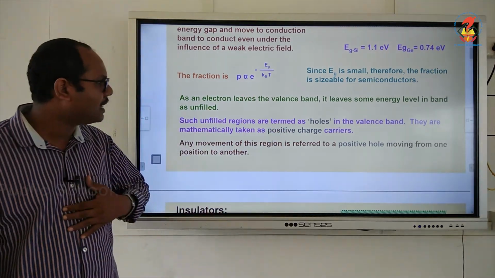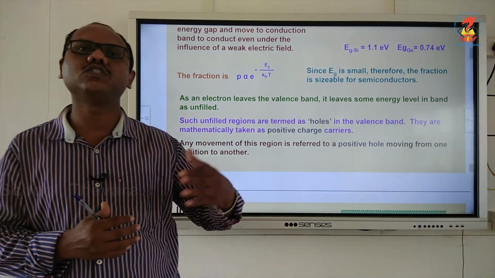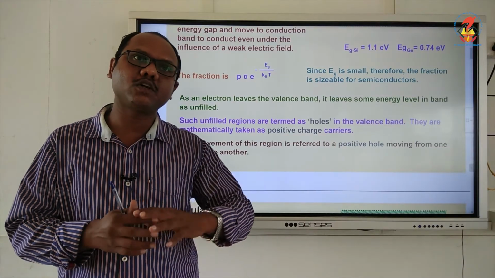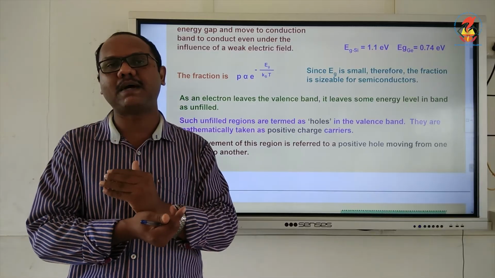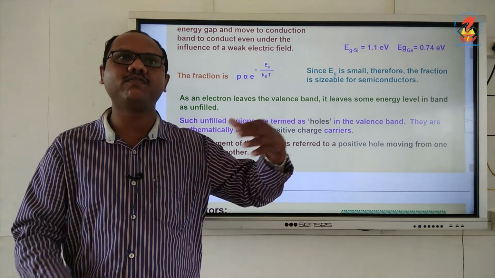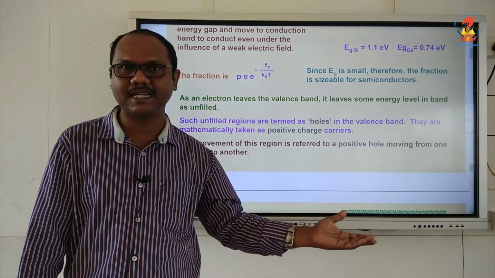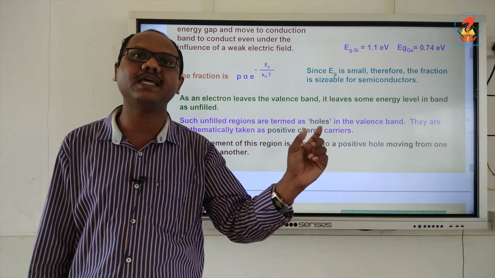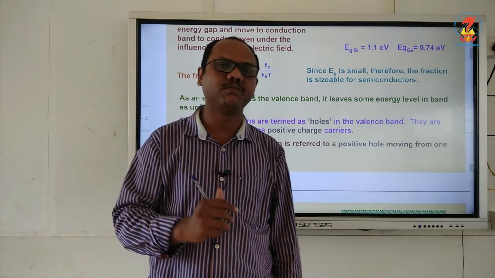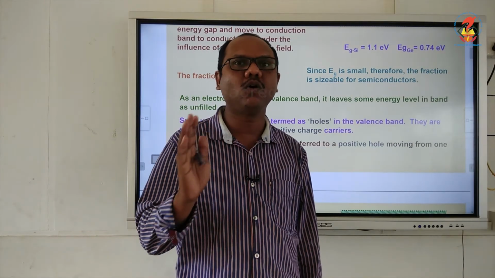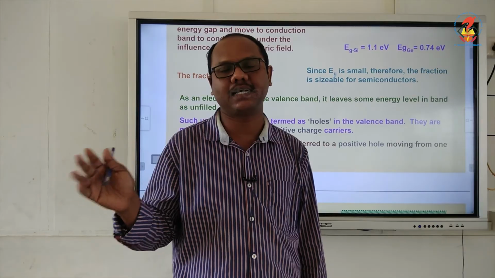As the electron moves, the hole also will start moving. Electrons are there in the conduction band, holes are created in the valence band. The electron flow causes conduction and current, which is called electronic current. Similarly, holes will also move in the valence band. That current is called hole current.